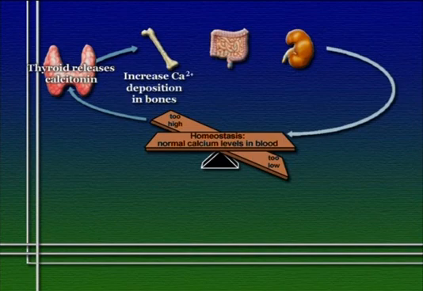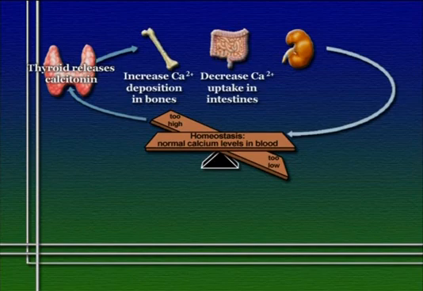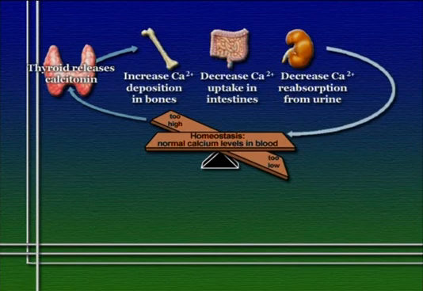This hormone also causes cells in the intestine to decrease the rate at which they take in calcium from the foods you eat. Finally, calcitonin also decreases the rate at which the kidney recycles calcium, essentially allowing more calcium to pass into the urine and be eliminated. All of these actions end up essentially reducing the calcium level in your bloodstream.